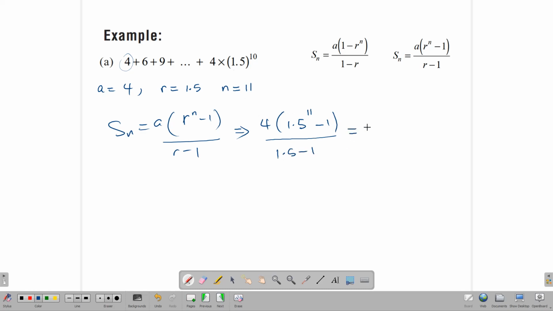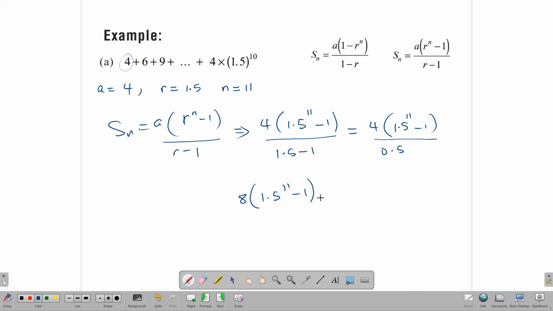And of course, this gives us 4 times 1.5 to the 11th minus 1 over 0.5. Now, 0.5 into 4 here gives us 8. And that gives us 8 times 1.5 to the 11th minus 1.